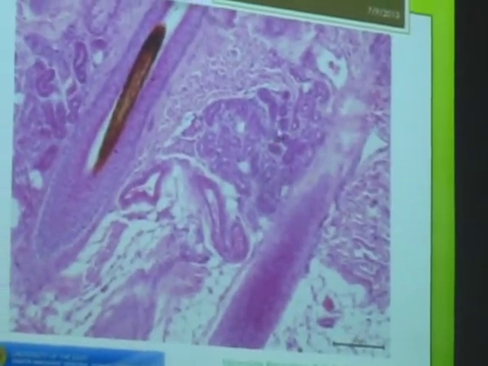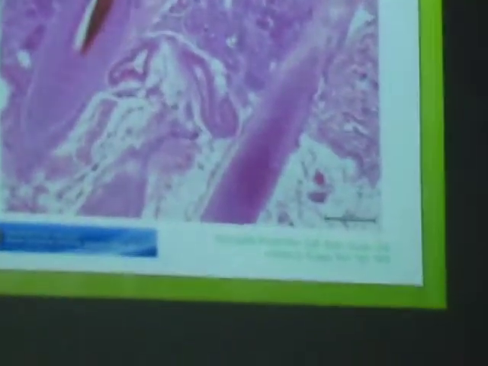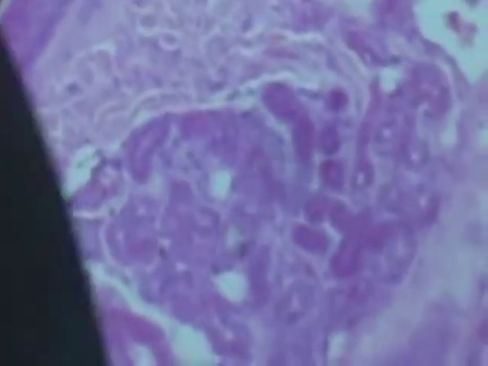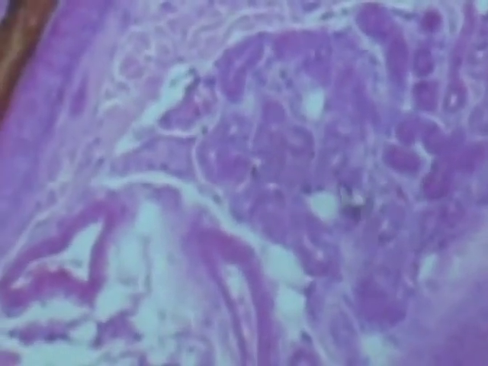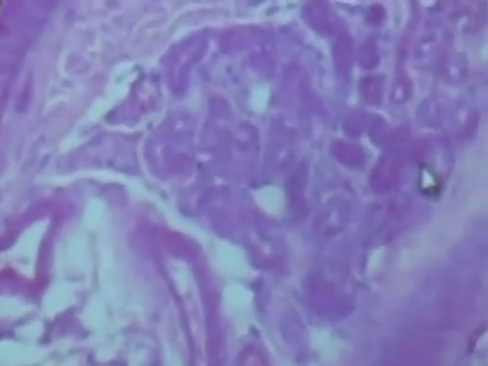Identify bracketed structure. Sweat gland. Classify according to gland cell participation. Merocrine gland, or eccrine gland.